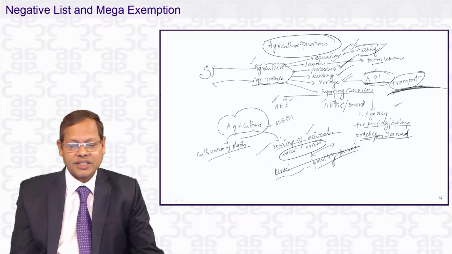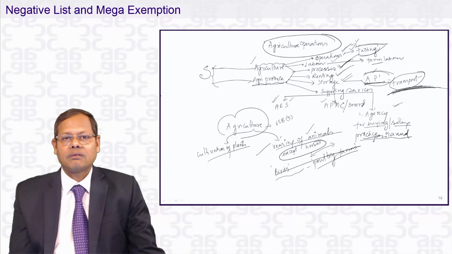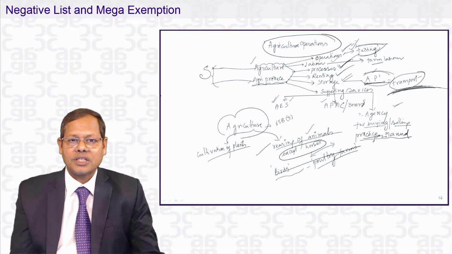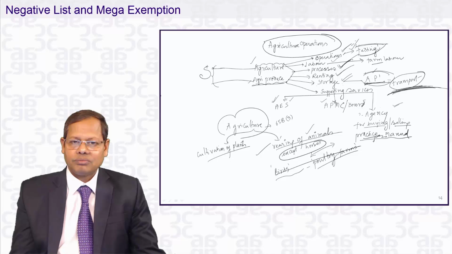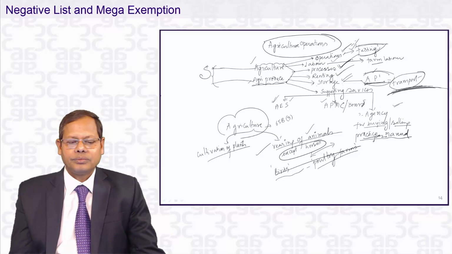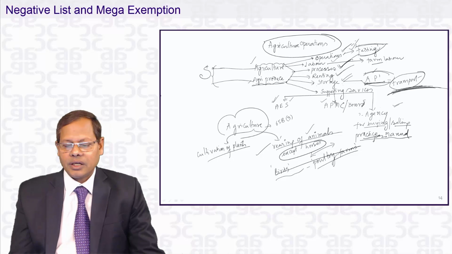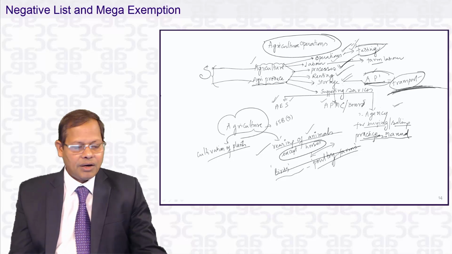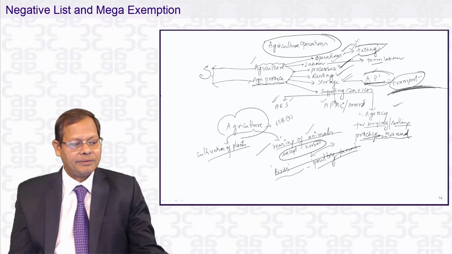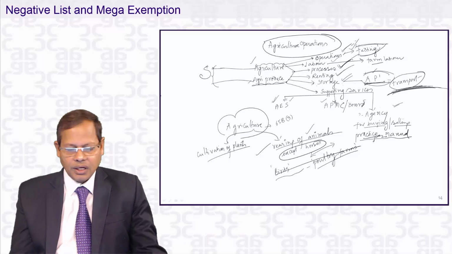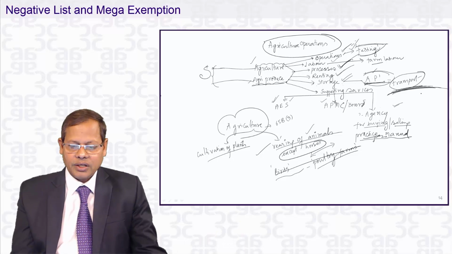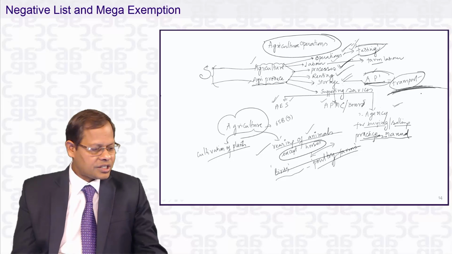So agricultural extension services, whatever information or knowledge is given to improve the quality of operations or cultivation, etc., are covered under the negative list. And they have also defined what you mean by agriculture extension services.